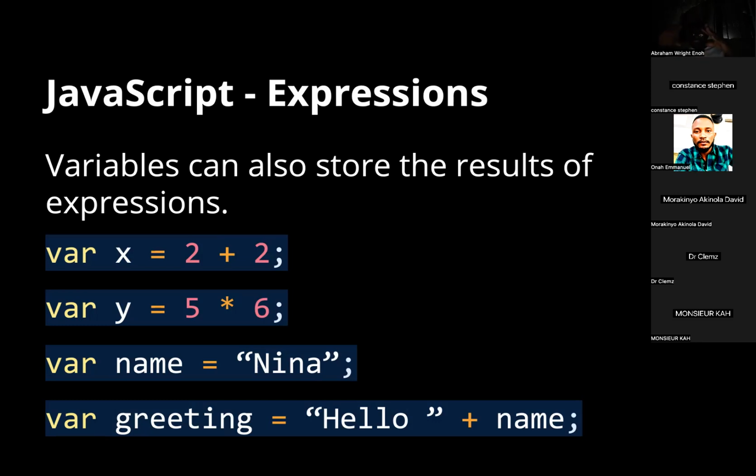The x is the empty bucket, and the 2 plus 2 is the water in it. For example, instead of 10 liters to fill the bucket, you are now dividing it into 5 liters plus 5 liters. There is no empty variable here yet. The x is the variable name.